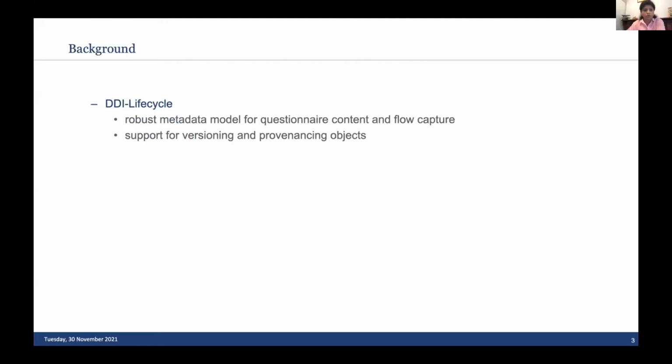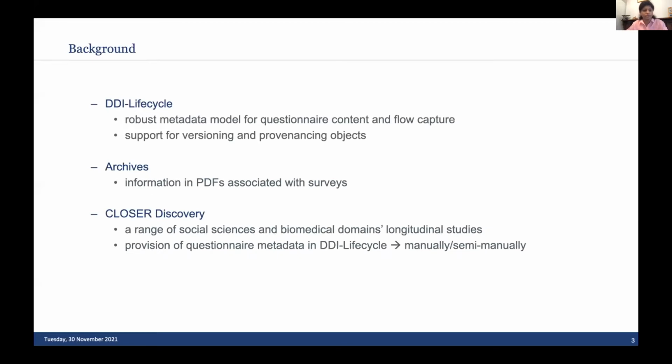Okay, as I say, there are three main players to give context here. First and foremost, the DDI Lifecycle, which has a rich metadata model for capturing not only the content of questionnaires, social science or biomedical questionnaires, which we took into account for this work, but also the flow of the questionnaire. So these are instructions to the interviewers, the questions themselves, different statements of the response domains, etc. We'll have a look at some examples later.